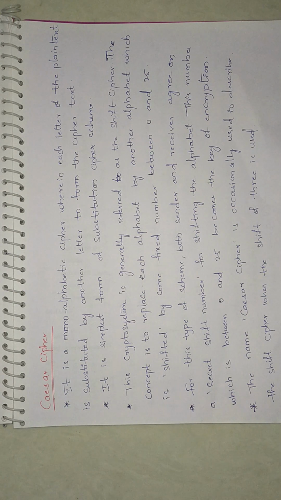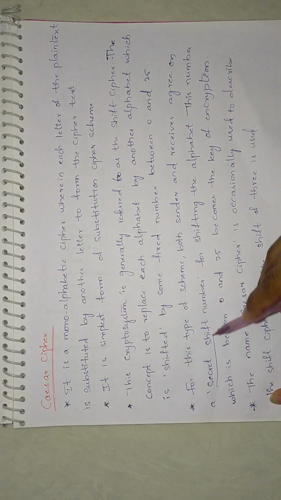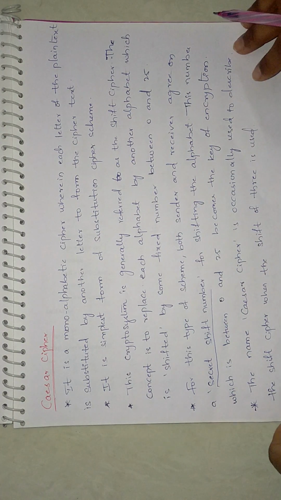If the key value is known to everyone, then everyone can decrypt the original message easily. So we have to be very careful that we do not let anyone know the secret shift number, which is called a key.